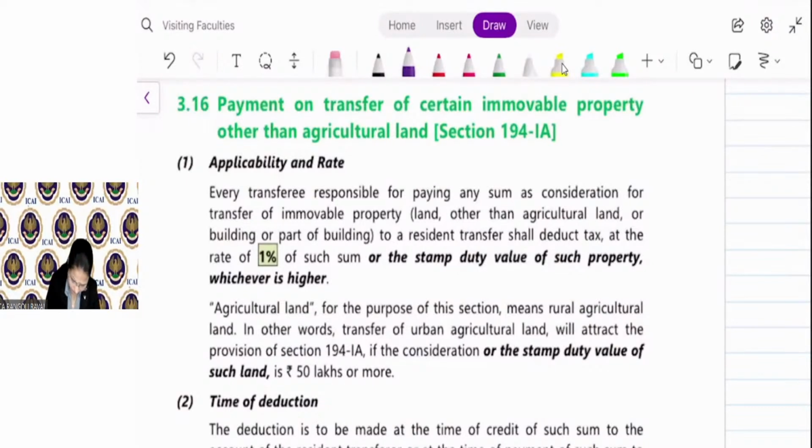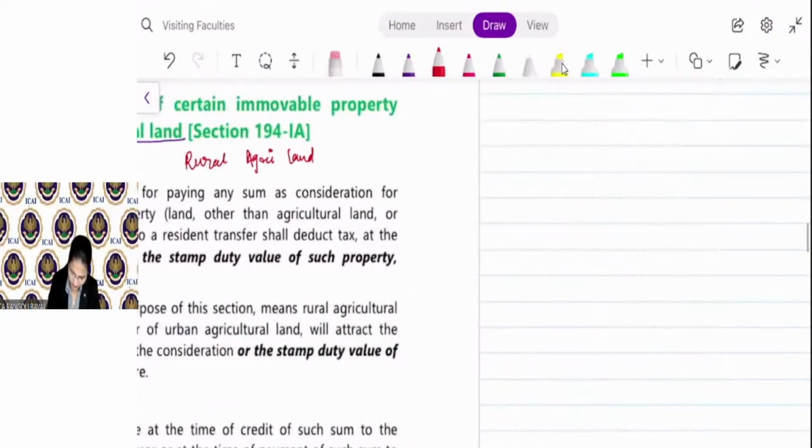Here, the term agricultural land means rural agricultural land, meaning thereby, if you transfer any immovable property, then who will pay the consideration to you?